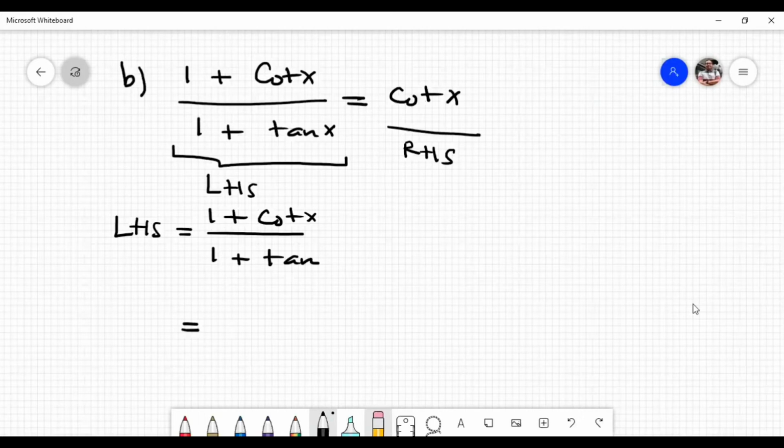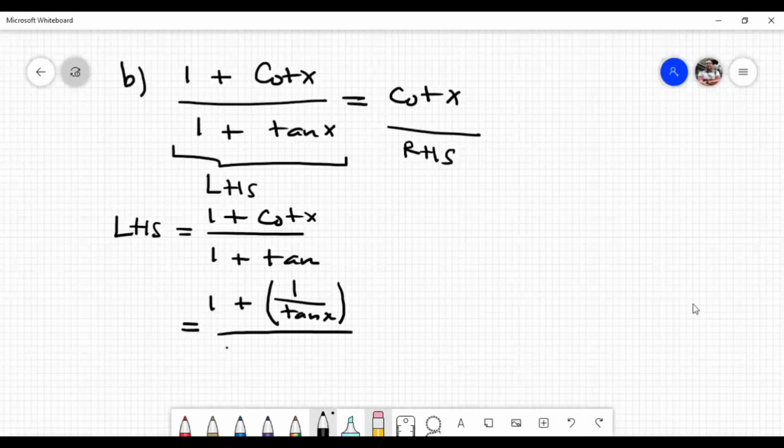Okay, I prefer to change cotangent with 1 out of tangent x, since cotangent is actually the reciprocal of tangent.